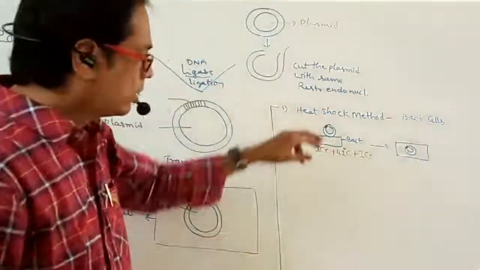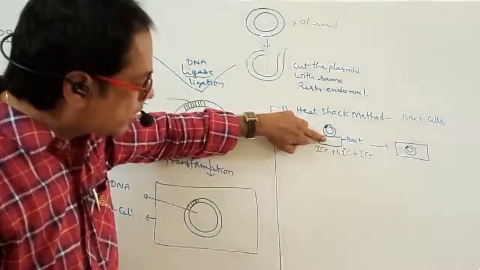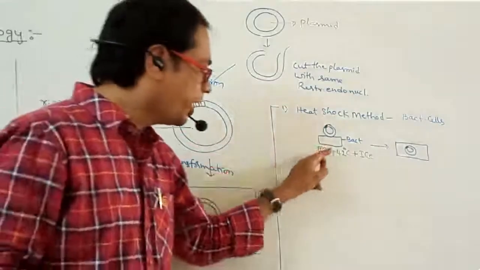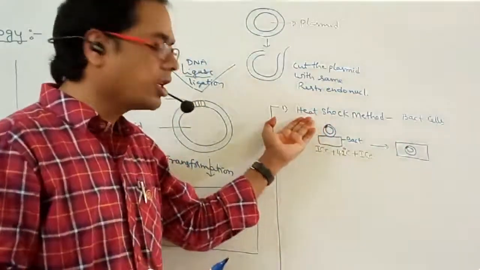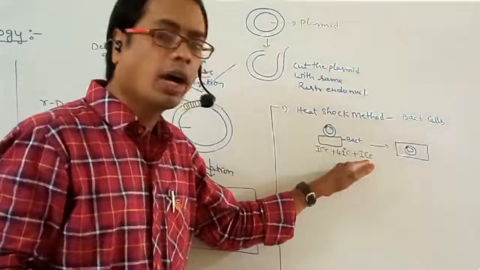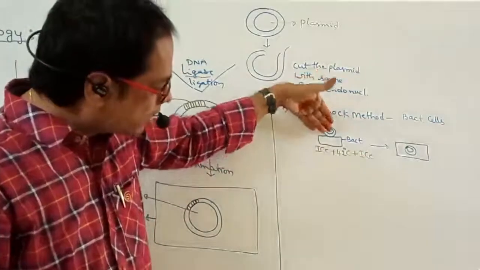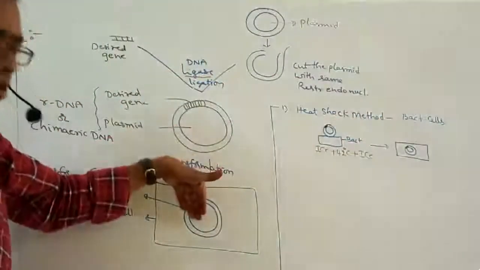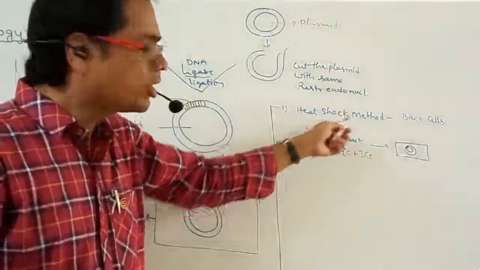That's why the method is called the heat shock method. Finally, the outside rDNA enters into the bacterial cell. In bacterial cells the method applicable is the heat shock method.